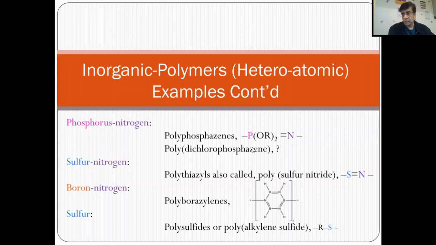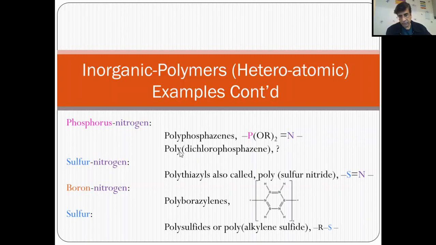R may be methyl group, ethyl group, or isopropyl group, and the phosphorus is connected to the nitrogen with 2 valencies, and then the nitrogen third valency goes out of the bracket. So you should be able to write the repeating unit structure with the help of the way I mentioned to you. Now here, this is the general formula.